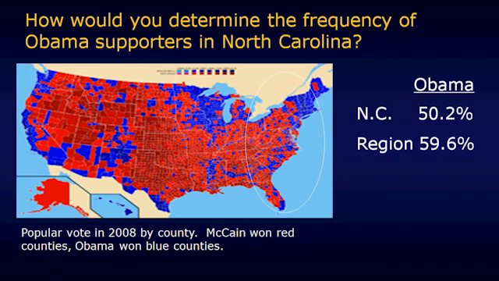Now remember, I'm trying to set this up so that you think that we want to find the answer to the question, what's the fraction of individuals in North Carolina that voted for Barack Obama? That's the question we want to have answered. We can't get the answer quite the way that we want. I'm tying our hands behind our back in some sense here, but we can get a surrogate answer, and you'll see that it's not that far off.